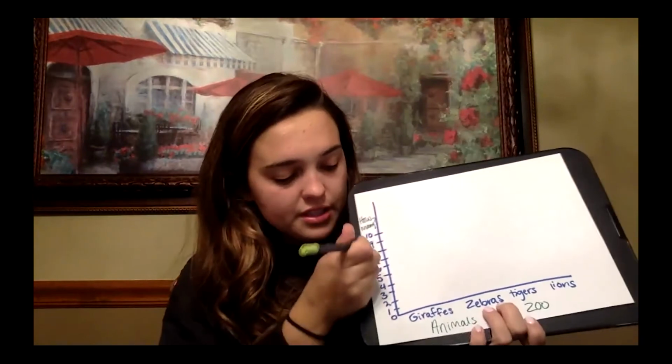Okay? Animals at the zoo. And on the y-axis, we can say how many. Normally I would put this label down here, but I did not leave enough room for that, so that is why I am not putting it there.